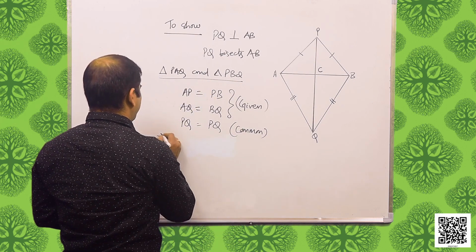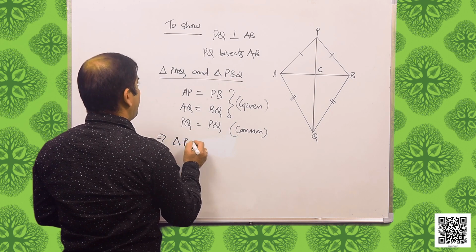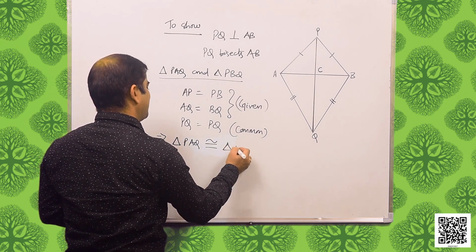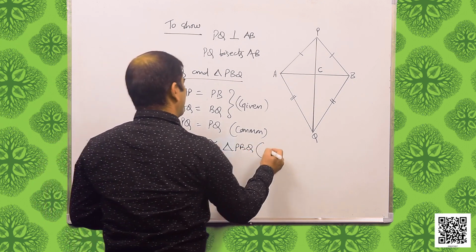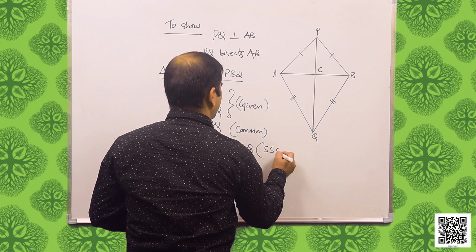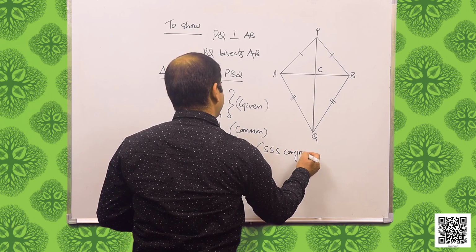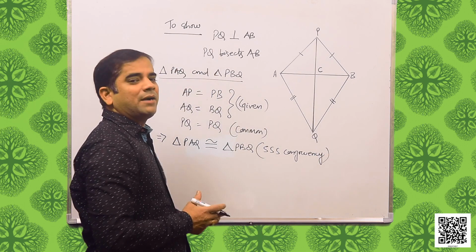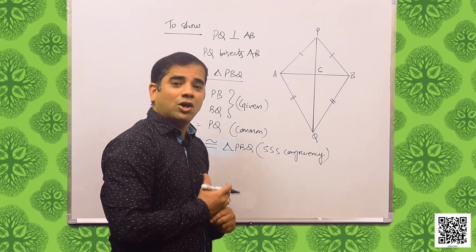Therefore, triangle PAQ is congruent to triangle PBQ. Why? SSS congruency. So, these two triangles are congruent following the SSS congruency.